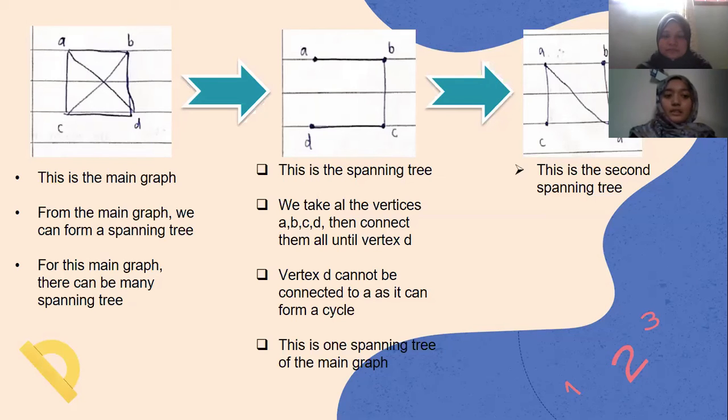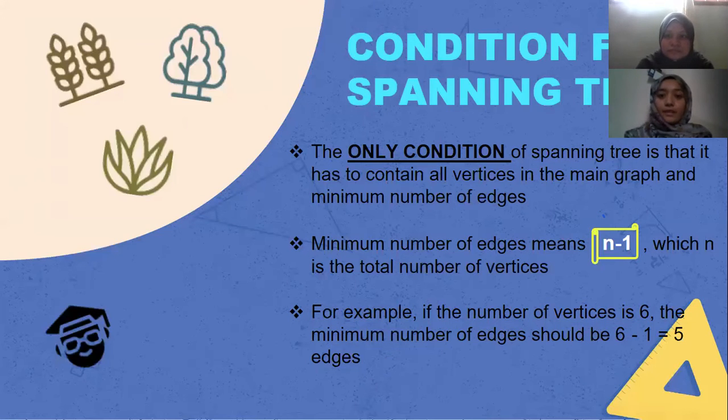So the third graph is the second spanning tree from the main graph. We can have all the vertices connect to each other in many ways as long as it doesn't form a cycle, because the important condition of a spanning tree is that it cannot form a cycle. The condition for a spanning tree is that it has to contain all vertices in the main graph, and also we need to have the minimum number of edges.